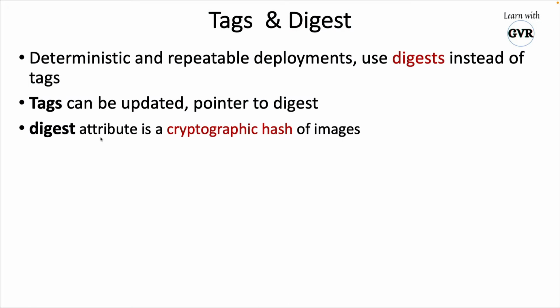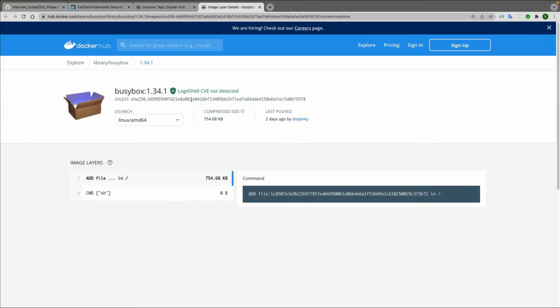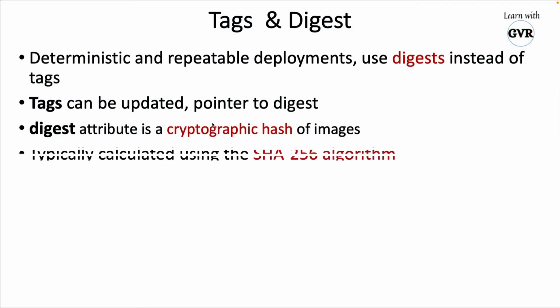Now, what exactly is a digest? It is a cryptographic hash which indicates the image. This busybox 1.34 has this particular digest, which is a unique identification by cryptographic hashing of this particular image and tag. Now, is it typically SHA-256?